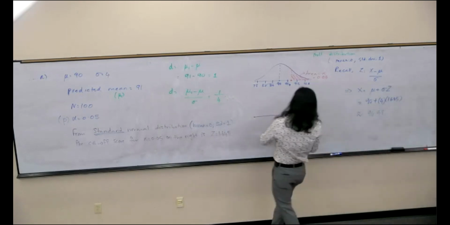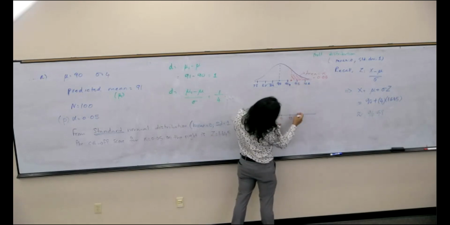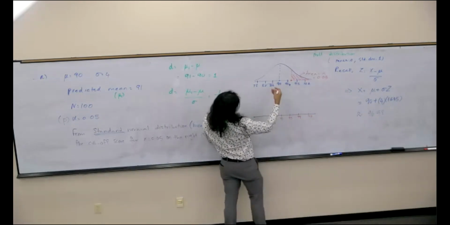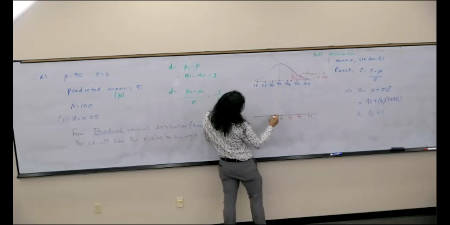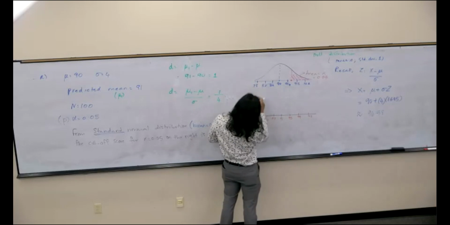So 91 plus 4 here, 95, 95 plus 4, 99, 103, this side, 87, 83, 79, 74.